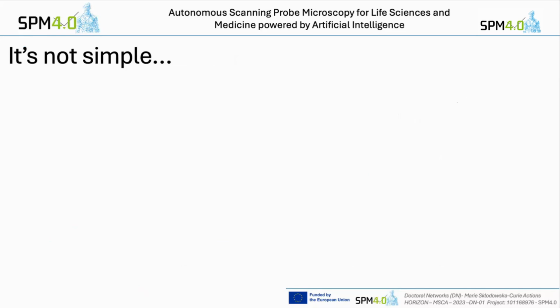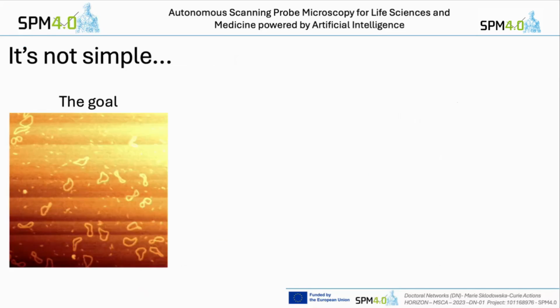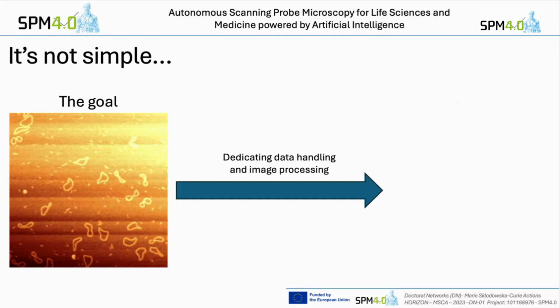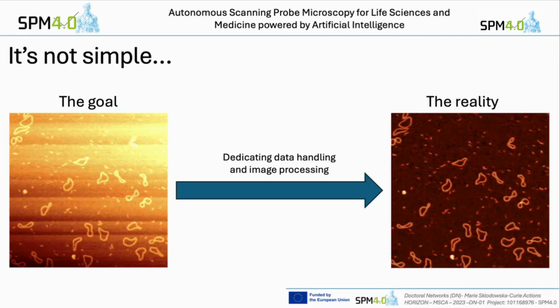So as it says, overall, with image analysis, it isn't simple for AFM. But if we take dedicated data handling and image processing software and considerations, it is possible to convert that into decent data that we can quantify.